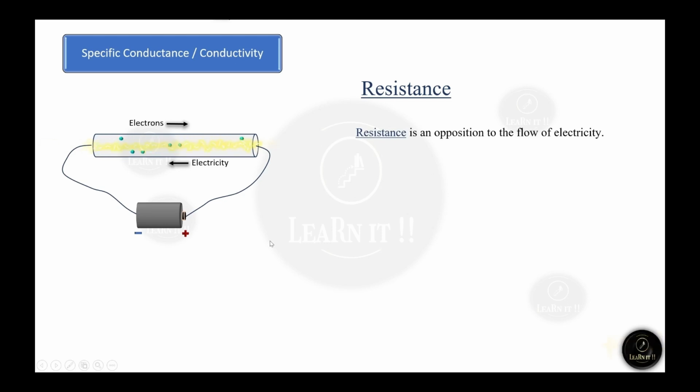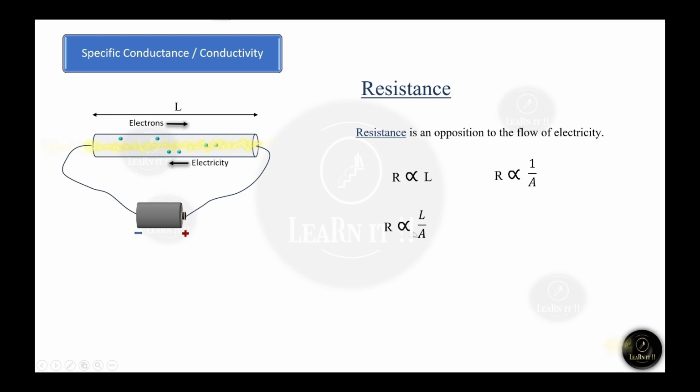This resistance is directly proportional to the length of the conductor. If the length of the conductor is more, then resistance is more. And this resistance is inversely proportional to the area, the surface area of the conductor. So if this surface area is more, it means if the conductor is wide, then this resistance is less. By combining these two, we get R is directly proportional to L by A.